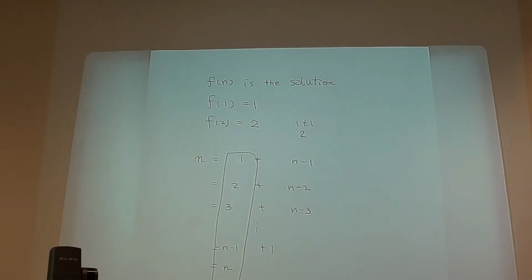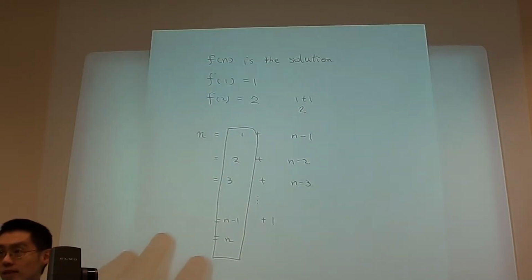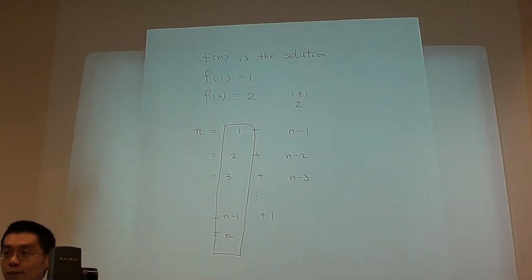They cover all possible scenarios. As I said before, you have to make sure you are not missing any case. The first number can only be so many cases. And also 1, 2, 3, 4, 5, and so on up to n, they do not overlap. If the first number is 5, the first number cannot be 2. That means you don't have overlap.